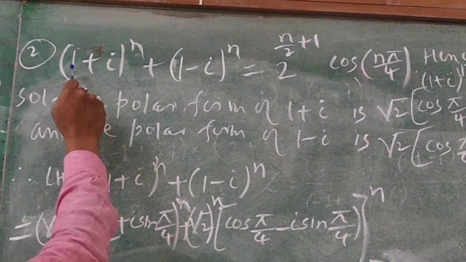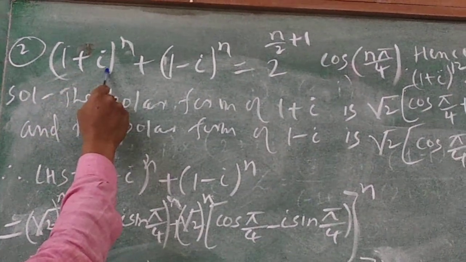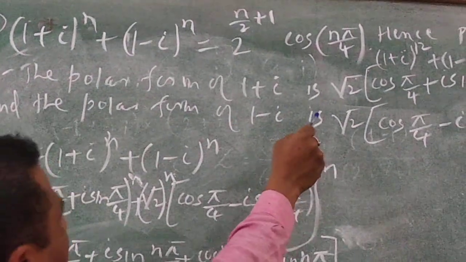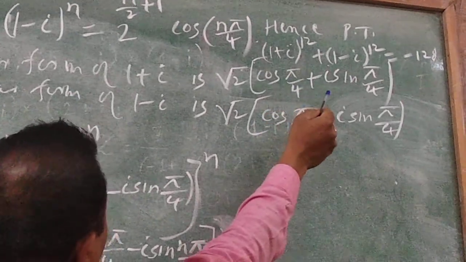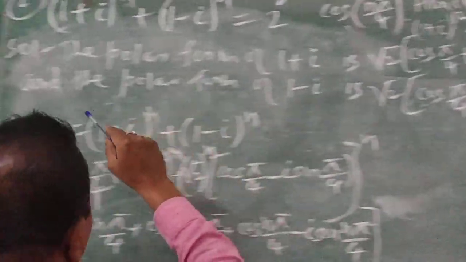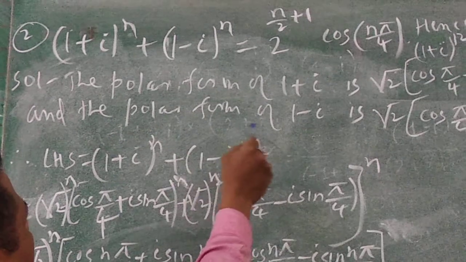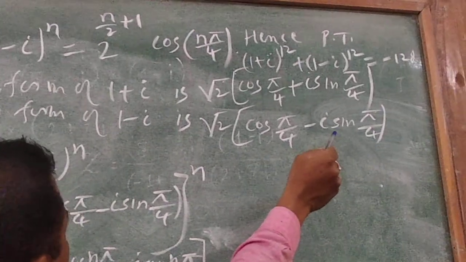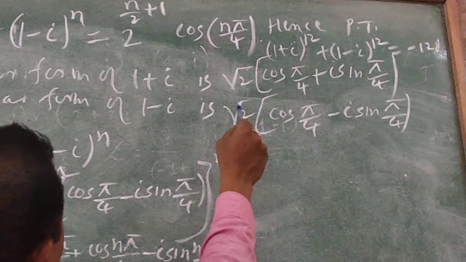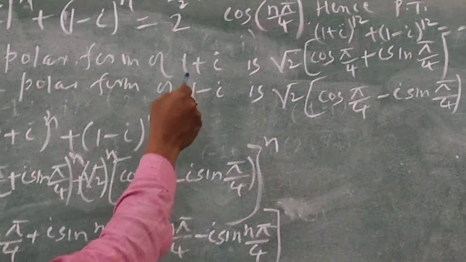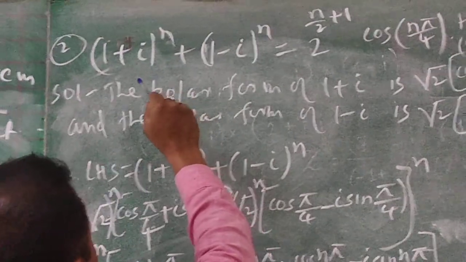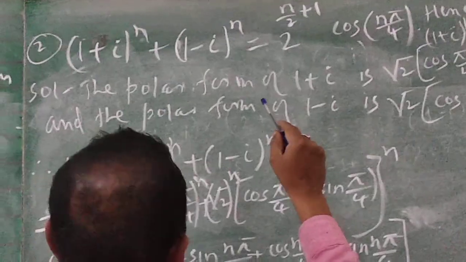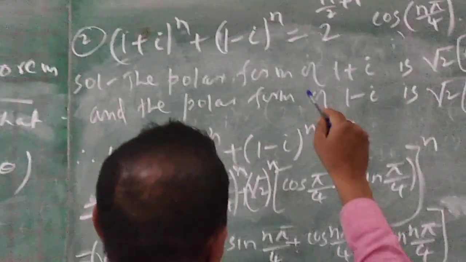First we find the polar form of 1 + i. As per our previous knowledge, the polar form of 1 + i is root 2 into (cos pi/4 + i sin pi/4). Also the polar form of 1 - i is root 2 into (cos pi/4 - i sin pi/4). I will just remind you how to find the polar form. Here z is 1 + i, then modulus of z is root of x square plus y square.